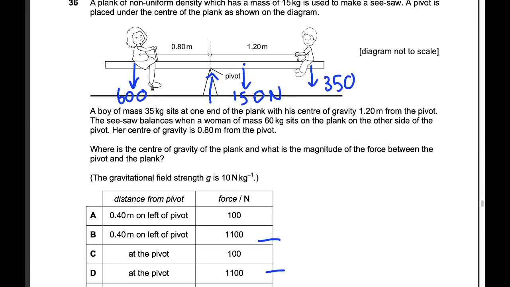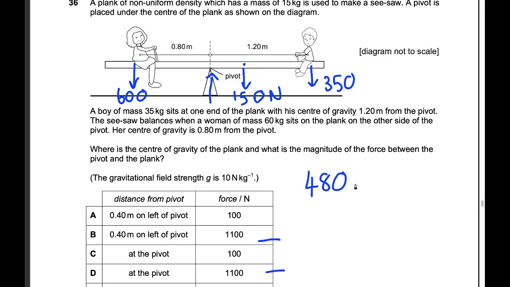So let's work out the girl's moment. The girl has the anti-clockwise moment here. So it would be 0.8 meters times her 600 newtons. So we can say that that's just going to be 80% of 600, which is 480.